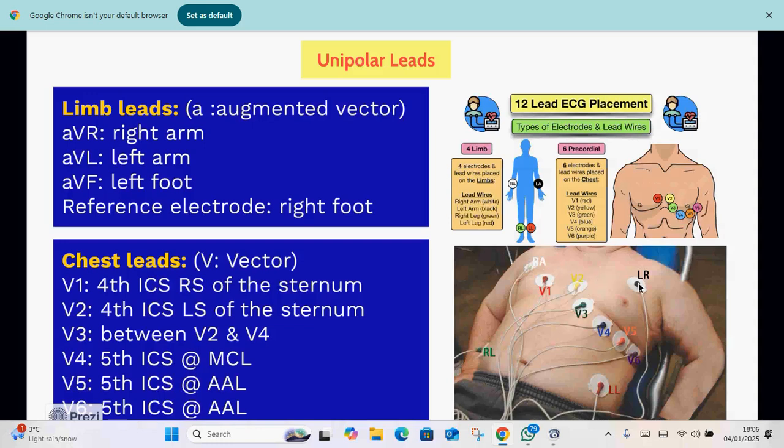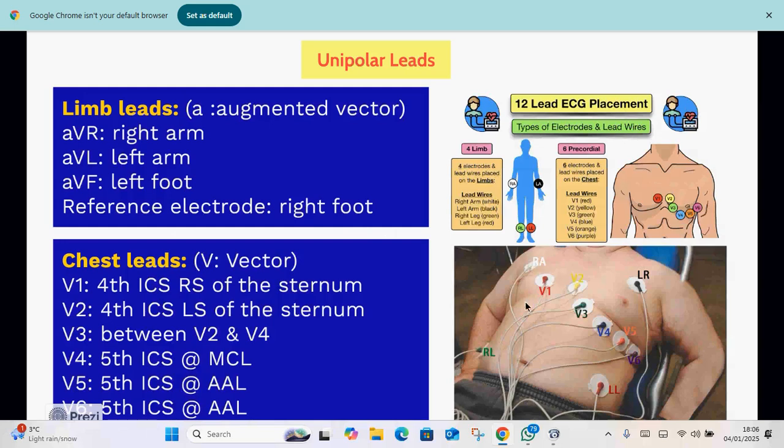When you measure between the limb electrodes and the inactive electrode, these are called the limb leads. So when you measure between RA and RL, this is called VR.